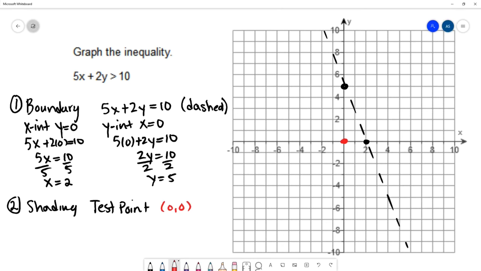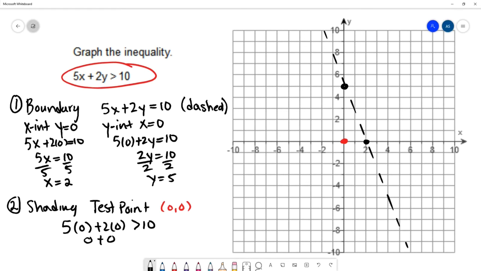We're going to plug that test point into our original inequality. That would give us 5 times 0 plus 2 times 0 is greater than 10. 5 times 0 is 0, 2 times 0 is 0, 0 plus 0 is 0. 0 is greater than 10 is false.